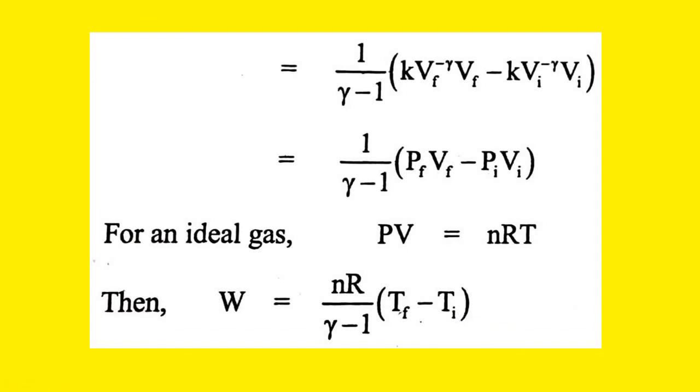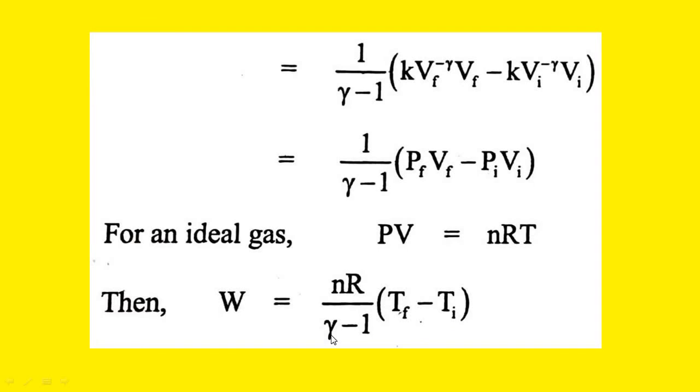We have mentioned that during an adiabatic process, pressure, volume and temperature, all these quantities may change. So in terms of pressure and volume, work done is 1 by gamma minus 1 Pf Vf minus Pi Vi. And in terms of temperature, it is nR by gamma minus 1 Tf minus Ti.